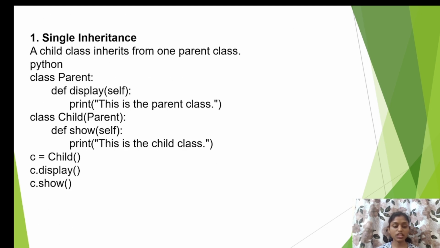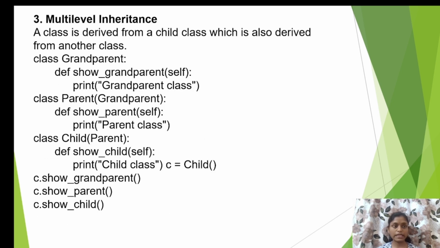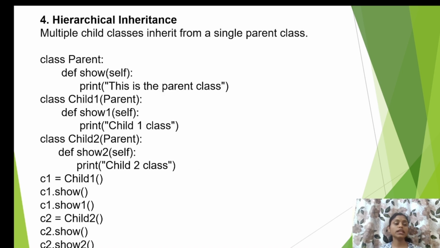In single, multiple, and multi-level inheritance, we only create one object, but when it comes to hierarchical we create as many objects as we require. This is worth remembering, as it may be asked in viva questions or interviews. Here I created c1 as an object and a c2 object and I called them. I think it is clear.